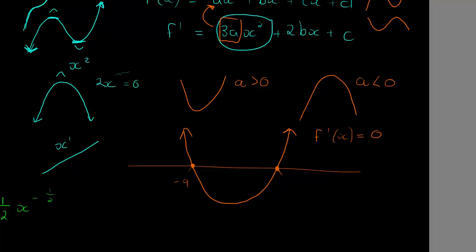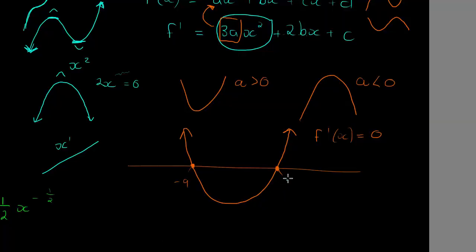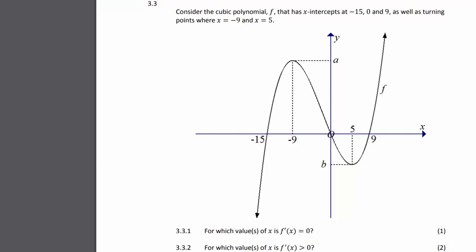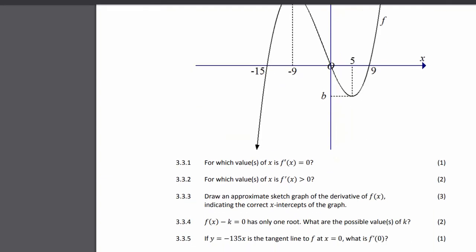That was at -9 and 5. So there we go. There are 3 marks. I spent a lot of time trying to explain it, but you just needed to know that this is a smiling parabola, and it cuts the x-axis at the points where the cubic turns. I don't know how to make that any simpler.